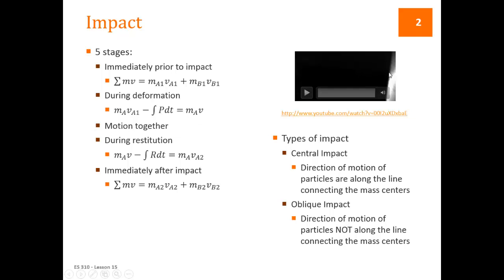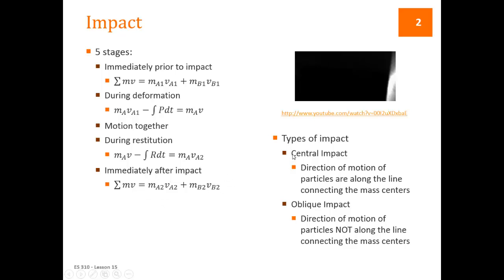In this case, it was when the ball actually physically stopped, since the golf club wasn't moving in this video. And then there's restitution, which is another impulse, and the momentum before and after for the ball and the club. And then immediately after impact, we once again have this sum of momentums.